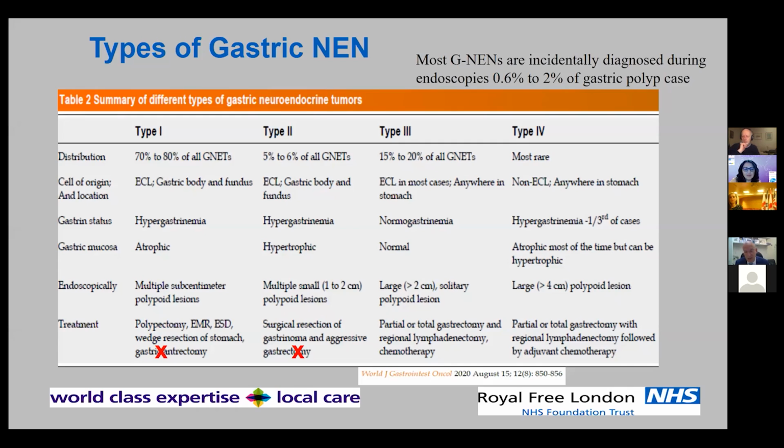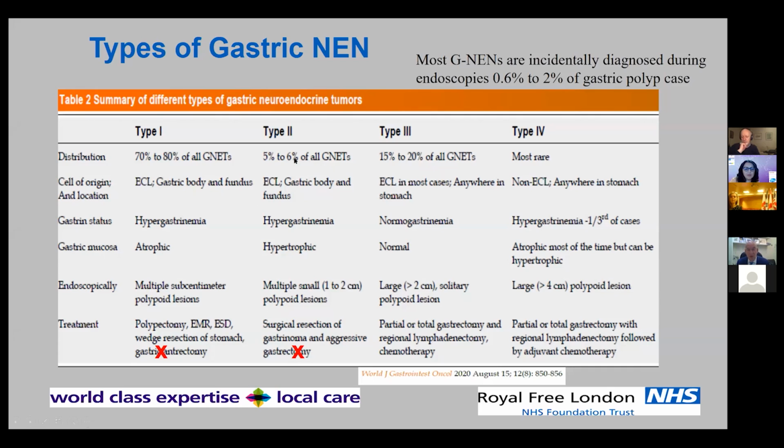I think for patients and doctors alike, when you see reviews, it doesn't mean to say that they're totally correct, and I think they're open for healthy debate. So the type 1 gastric polyps are the most common and most indolent. Often polyps can be removed endoscopically if needs be, if they're greater than 1 centimeter in size, and I'll come on to how that can happen through the endoscope a little bit later on.